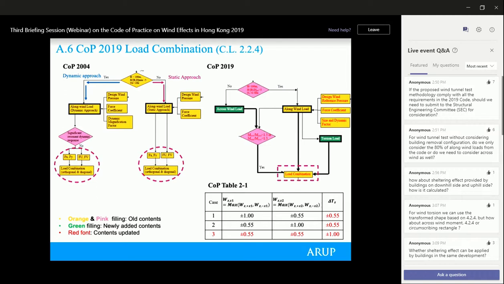Then you can use the load combination factor to take into account the diagonal wind direction. So the 24 locations are more comprehensive than the old code. It covers wind blowing from any direction, combining the two translational forces and one torsional force.